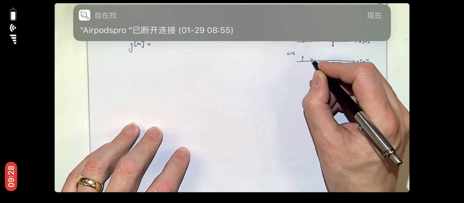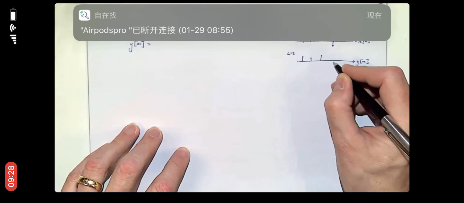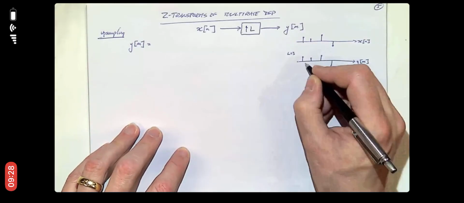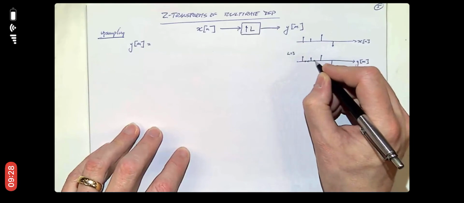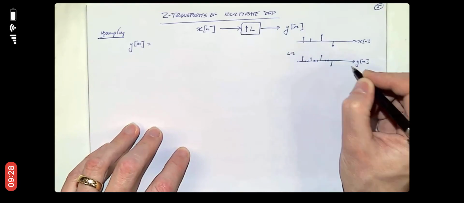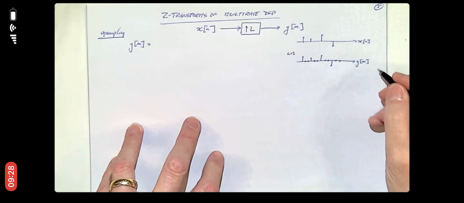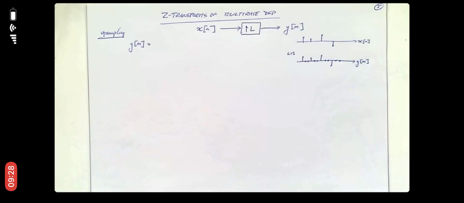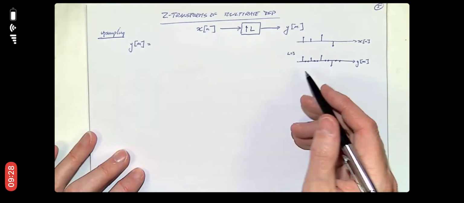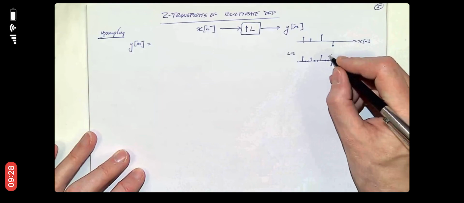That means we'll have those samples, but we will also have another 2 samples in between each one. So y of m has 3 times the number of samples. This is just the zero stuffing part.